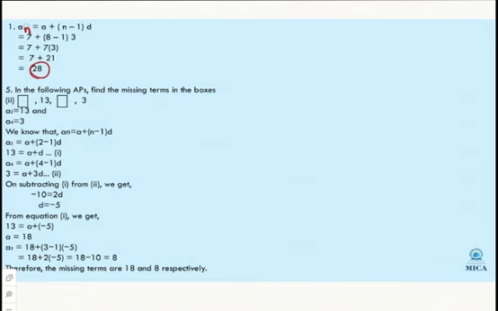In the following APs, find the missing terms in the boxes. So they have given the second and the fourth term. So A2 is equal to 13 and A4 is equal to 3.